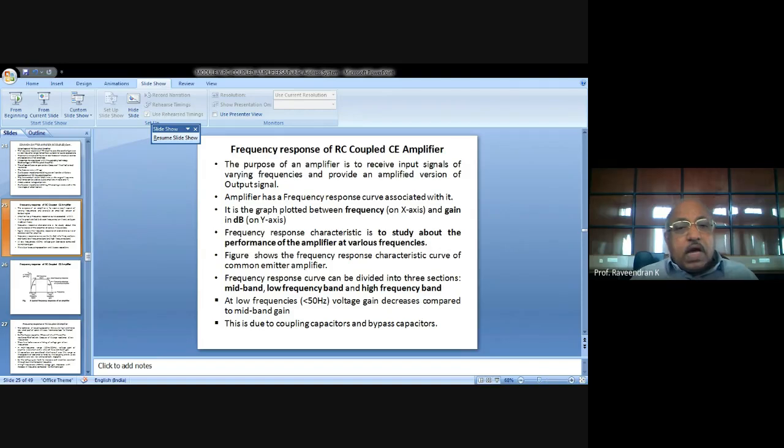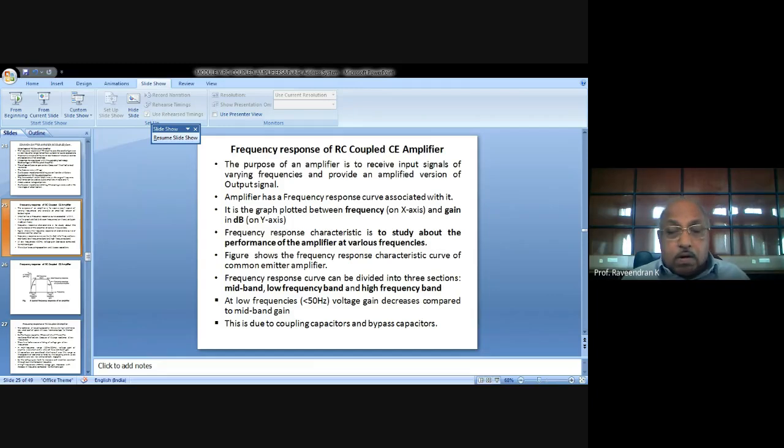That is the half power frequency point. So 3 dB frequency points are sometimes called half power frequency points. It is not 0.707 P. Understand that. It's not 0.707 P, but it is the half power. If P is the power here, then P by 2 is the power at 0.707 AV.